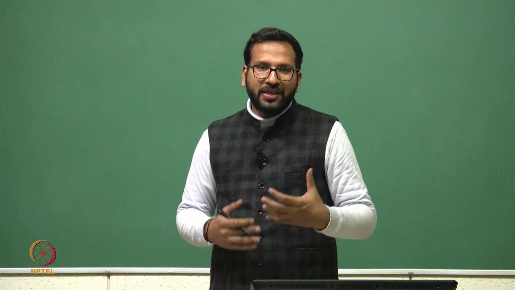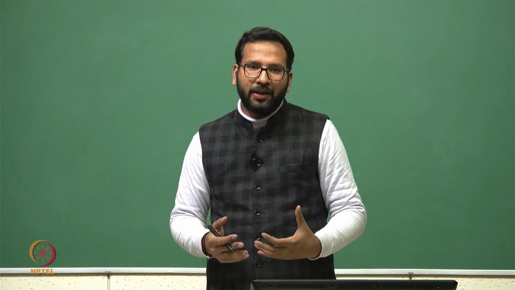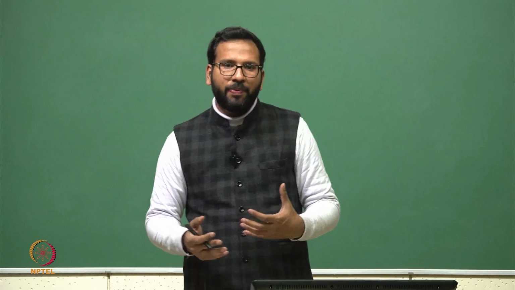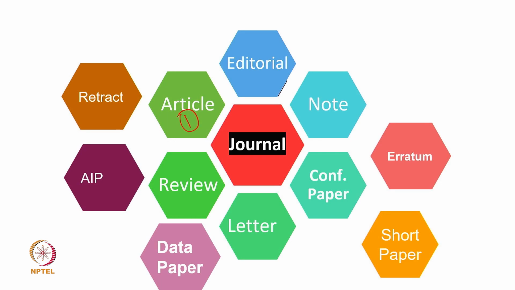Let us now discuss what document types are published by a journal. These are some of the key document types generally published by a journal. It includes article, review paper, letter, conference paper, notes, editorial, erratum, short paper, data paper, AIP and retracted.